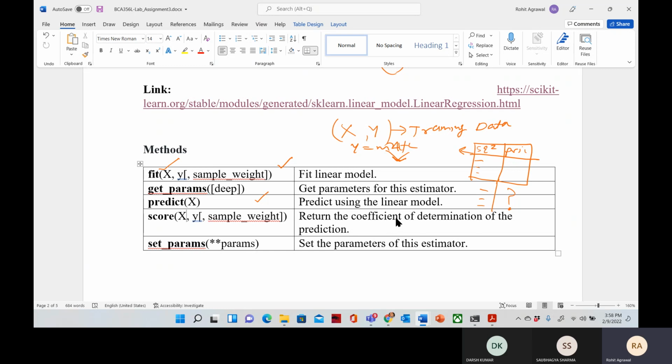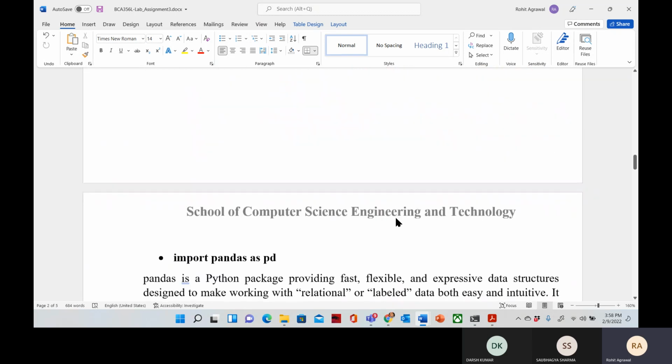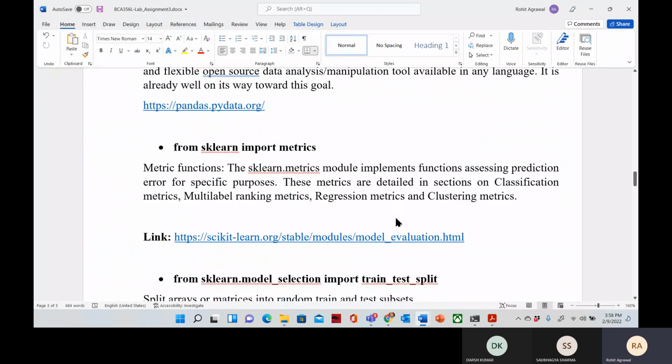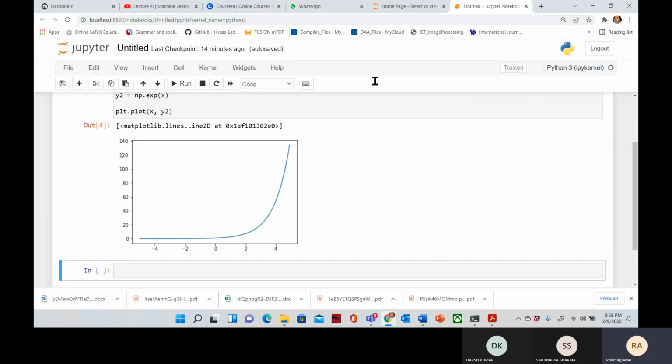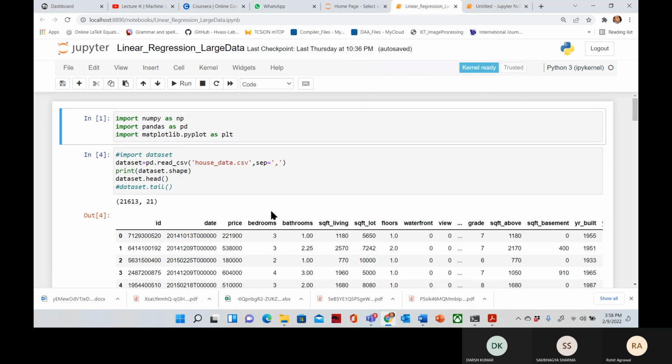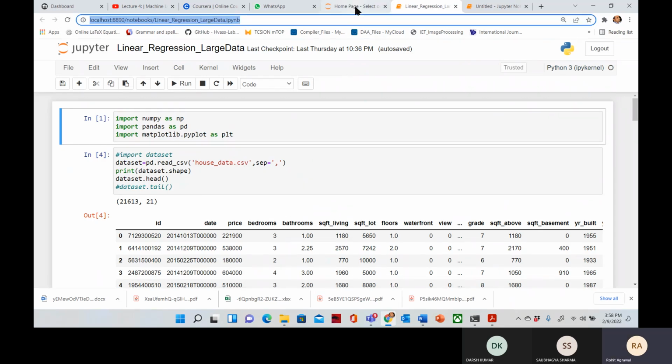So I will show you with the example, the Python code. Can we directly come, just a minute, I'm directly coming to the Python code. So we will take a small example, small data.